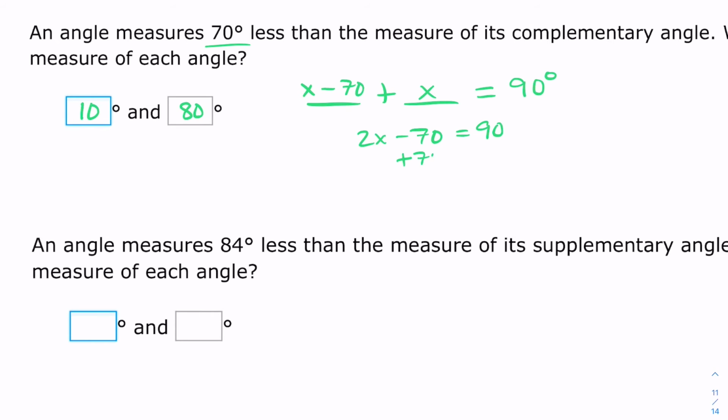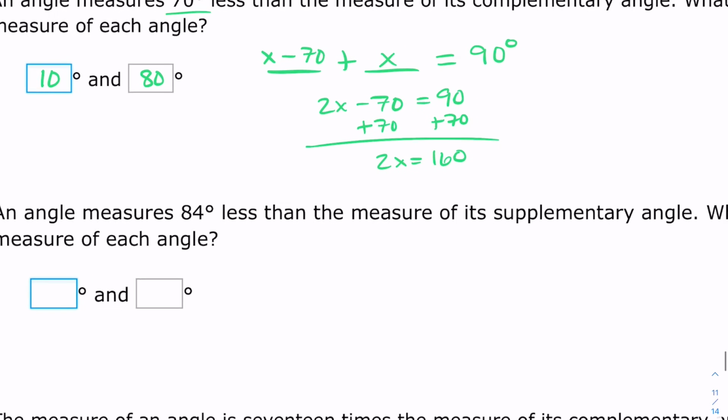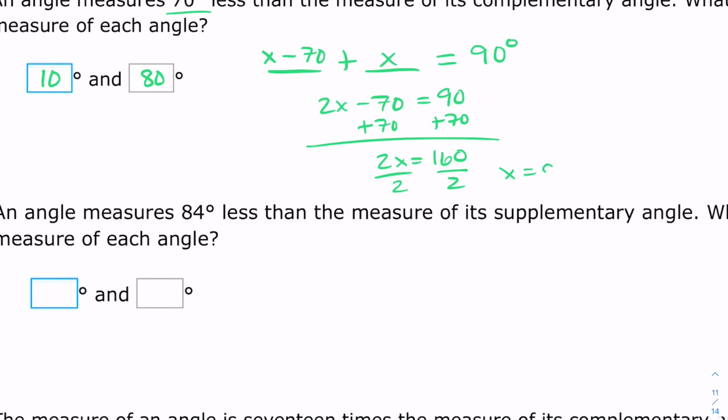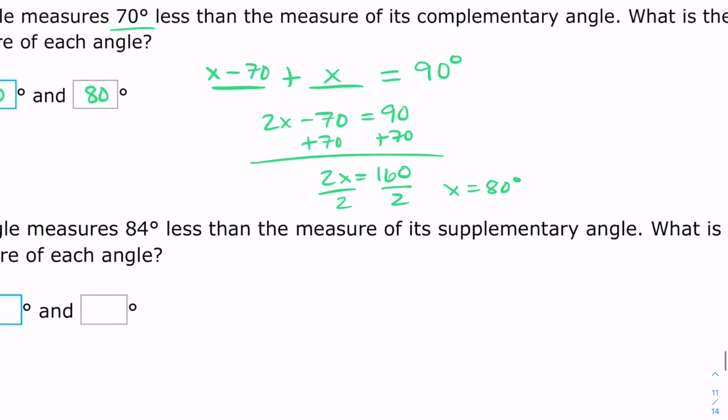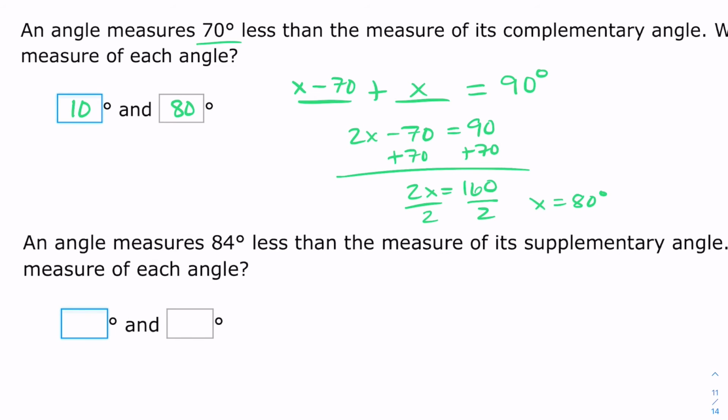I add 70 to both sides and get 2x equals 160, divide by 2, and get x equals 80 degrees. So that is one of the angles. That would mean this is 80, this one is 80, and this one is 10.